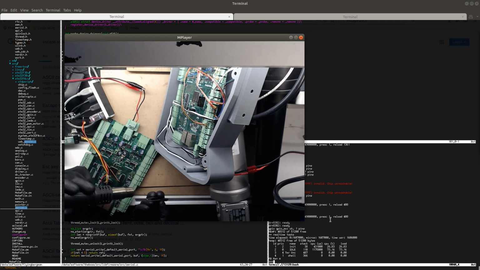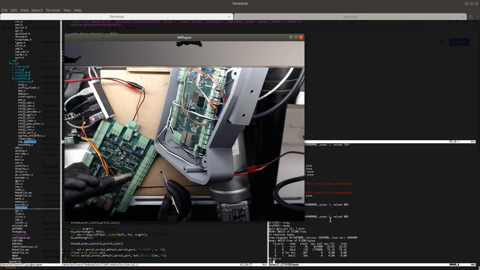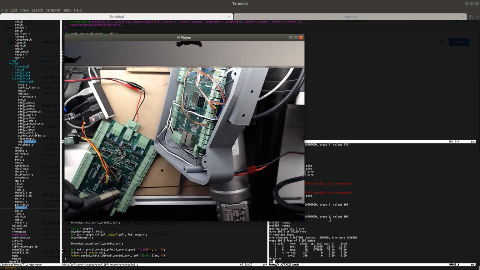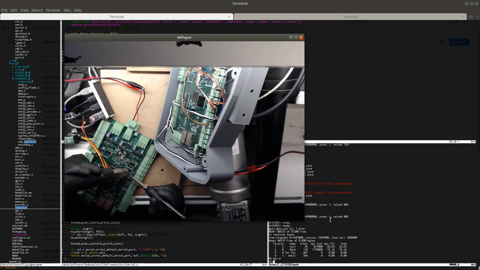Okay. Yeah, it definitely looks like several pins on one side have been unconnected. So I'll resolder this chip and then we'll try again.